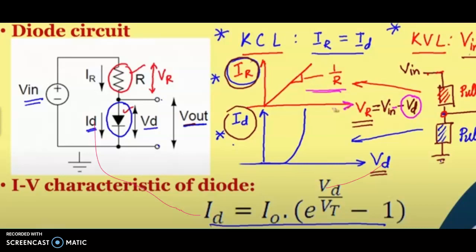This VD will be the diode voltage, Vt the threshold voltage. So ID equals I not into e power VD divided by Vt minus 1.